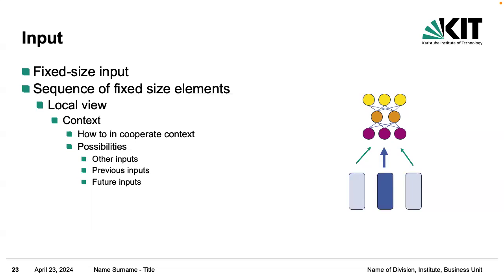So what is then important, of course, is we still need the context. In order to understand walk, it's important to see which words are around there. So we are trying to understand this one element in our sequence by looking at the element and maybe other inputs, which can be, for example, the previous and the last. The nice thing about neural networks, as we talked about last time, is we can easily add other context in there.